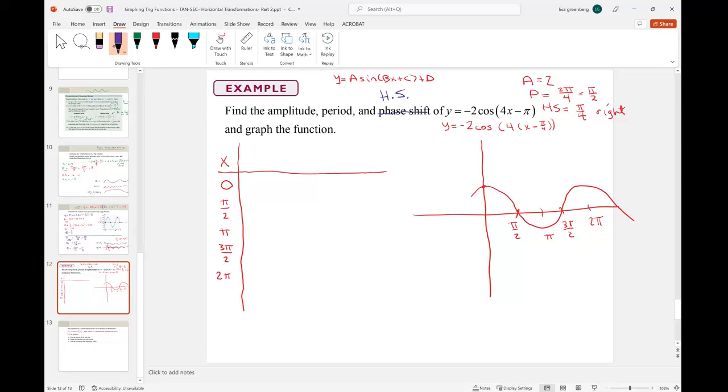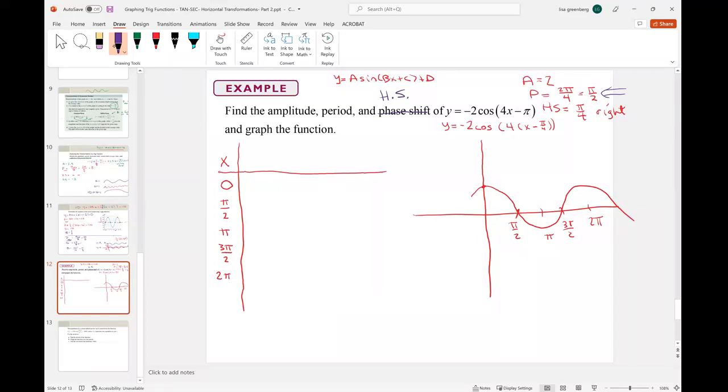So first thing I need to do is my stretch or compress. I need to change my period first. Okay. So what do I do? I do the same thing as I did for my period: I have to divide each one of these by 4.